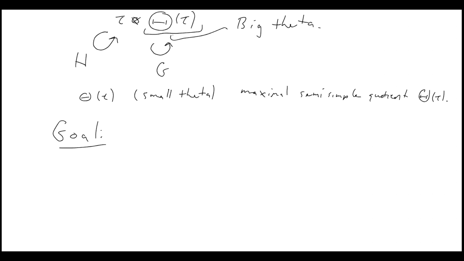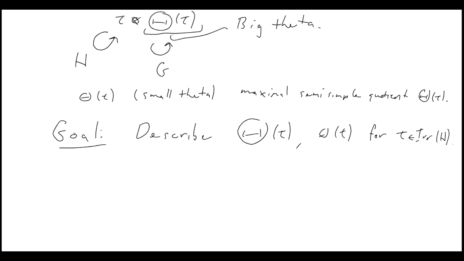Okay, but this gives us some way to get at them. And so in particular, the goal will be to describe, and I'll be a little bit vague here, both big theta and small theta for tau an irreducible smooth representation of PGL2.